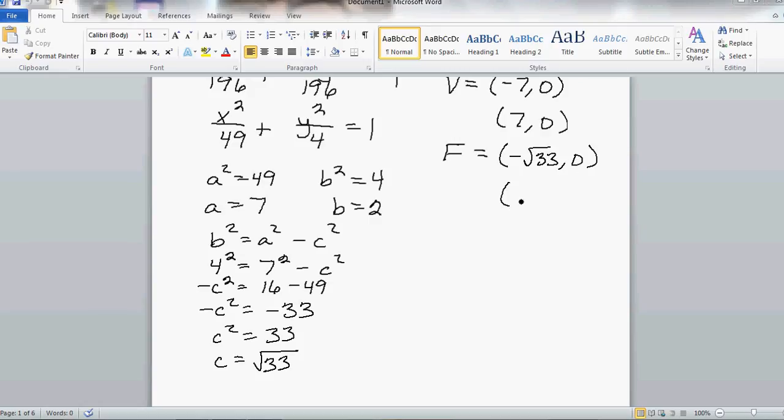And the other one would be positive root 33, 0. Okay, and so that's where the foci would go. So this is just a little bit shy of negative 6 and a little bit shy of positive 6. And so there would be the foci and the vertices that are requested.